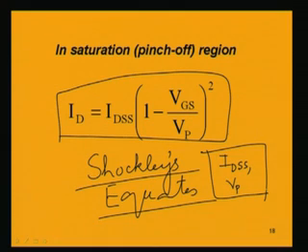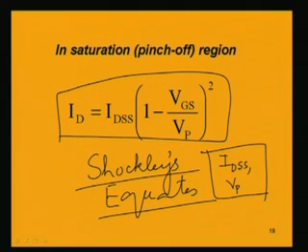So, if we know these two, depending upon what gate to source voltage we are applying, we can find out the drain to source current for that gate to source voltage. And it is a square which is signifying the non-linearity of the curve.